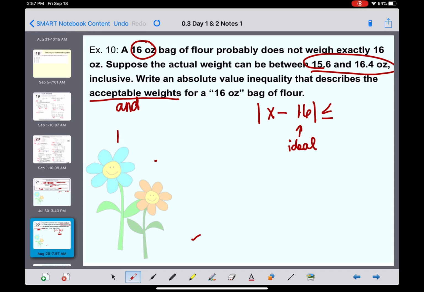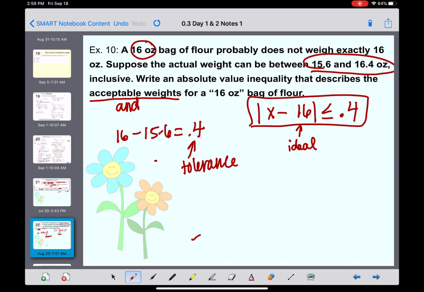If I take 16 minus 15.6, I'm going to get 0.4. Same thing if I take 16.4 minus 16. That means it can be above 16 by 0.4, and it can be below 16 by 0.4. So that is my tolerance. And that goes on that other side of the inequality. So this is my answer.